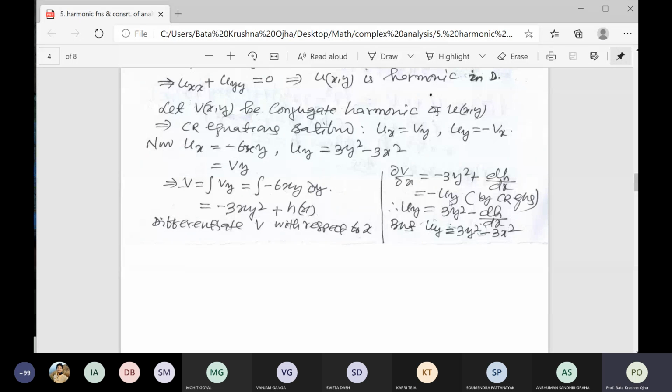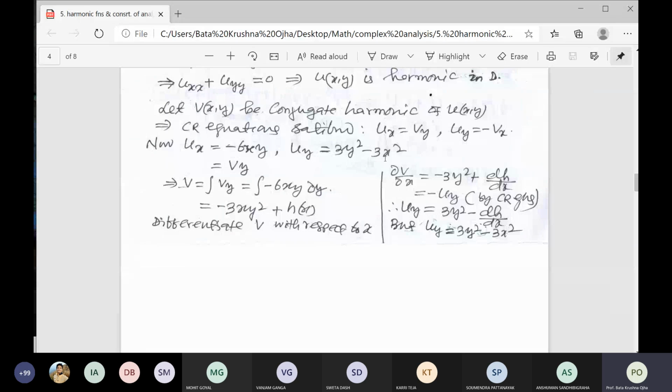So what is your u of y? You see, u of y is 3y square minus 3x square.